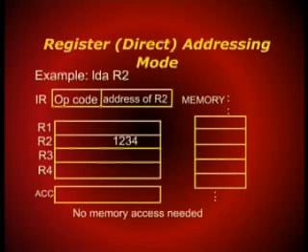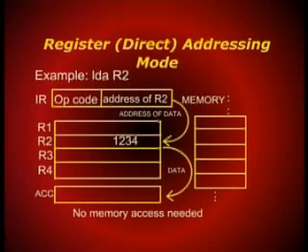Following the opcode, the instruction register contains the address of the register from where to fetch the data. In this example, R2. So after execution, we will have in the accumulator the data available in register R2, which in this example is 1, 2, 3, 4.